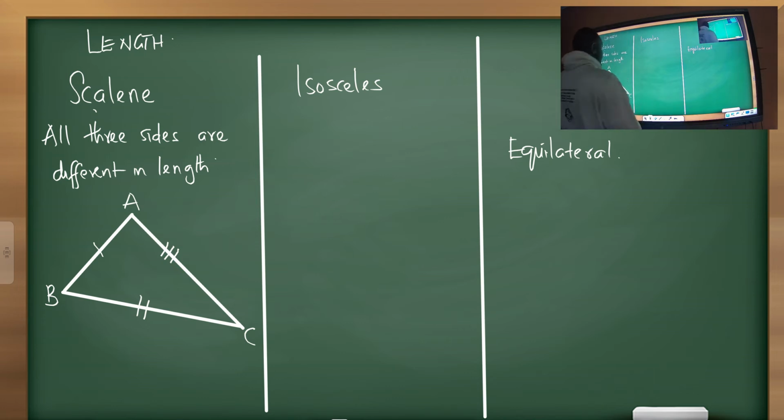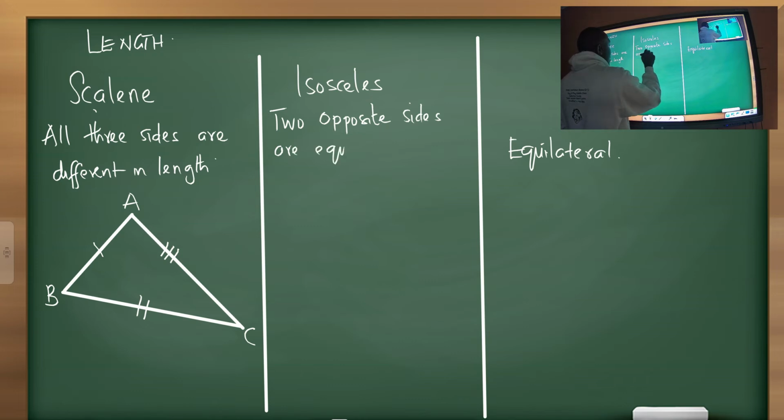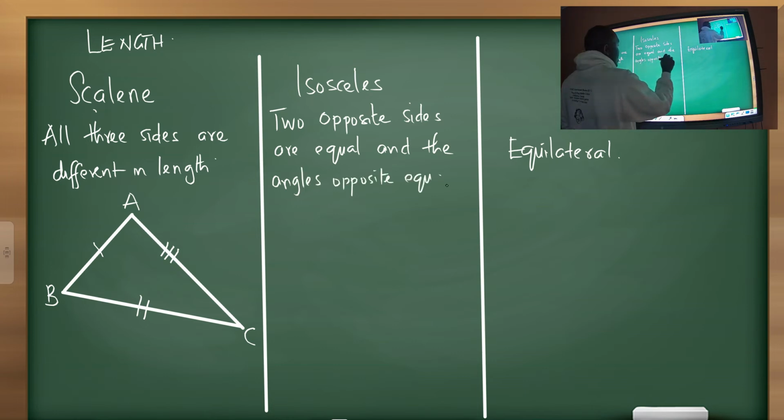Now, when I talk about isosceles, I'm going to say 2 sides are equal.